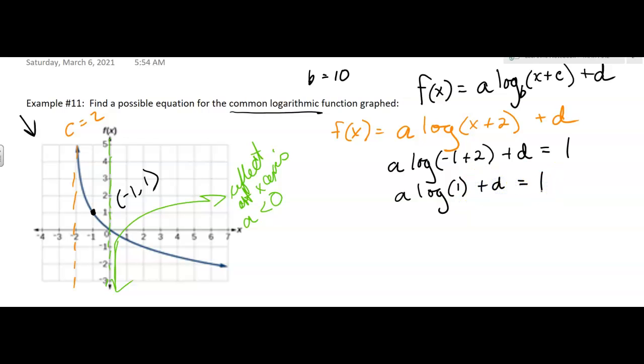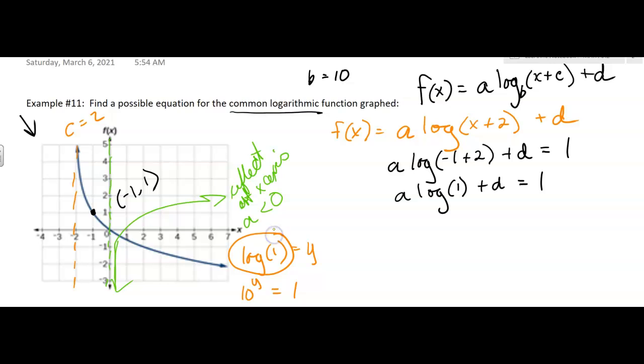Now, side note, we can figure out what log of 1 is. That's a common logarithm, right? So say we don't know what that is, make it some variable. I'll just say y. Then you can say 10 to the y equals 1. Well, how do you get a 1 with an exponent and a base of 10? y would have to be 0.